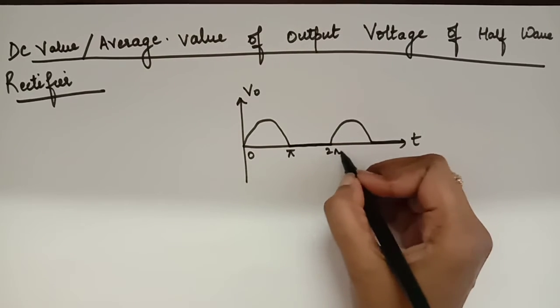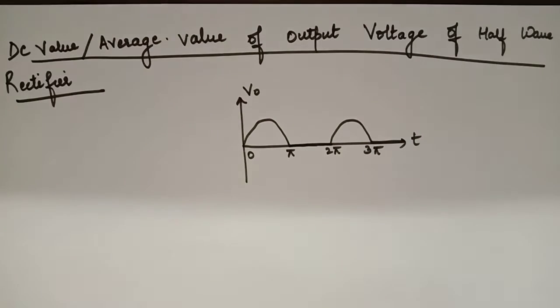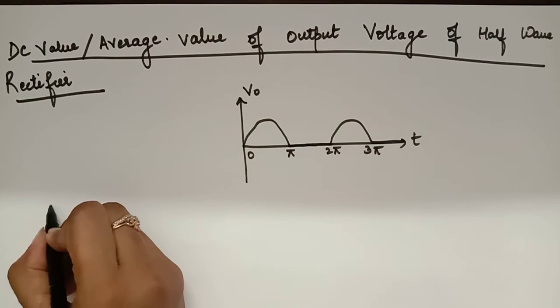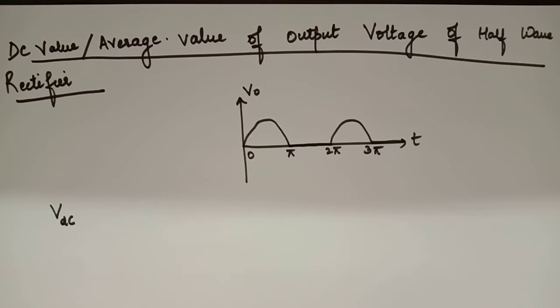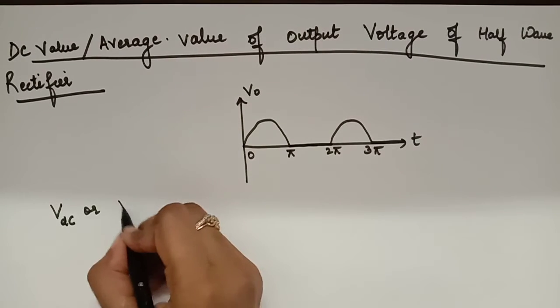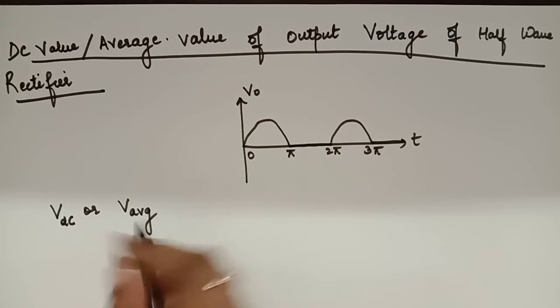Pi, 2 pi and 3 pi. This was the output waveform of the half wave rectifier. So if we want to calculate the DC or the average value of the output voltage of the half wave rectifier, first of all we will represent it as VDC, or you can also represent it as V average, but try to remember only one notation.